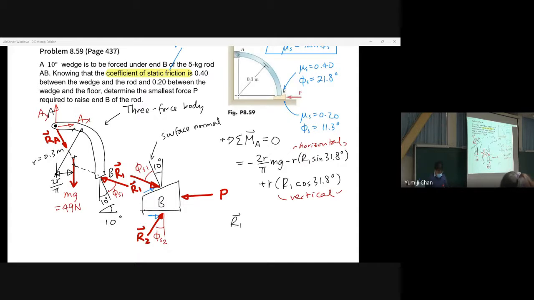R1 is equal to 96.68 newtons, and the angle is 31.8 degrees.